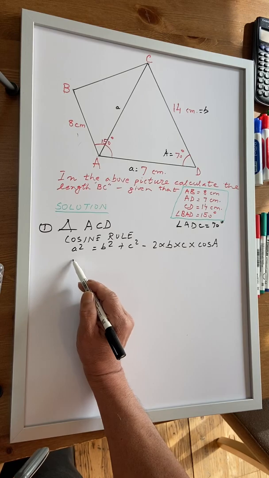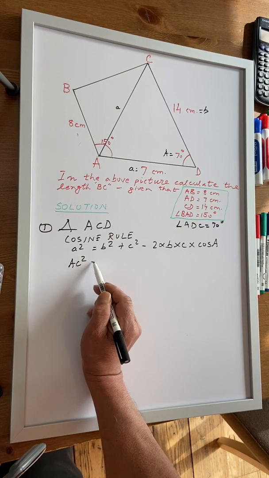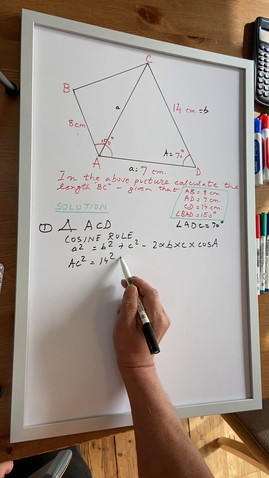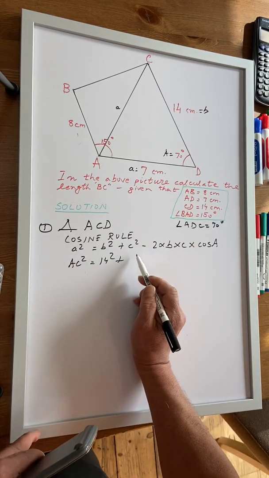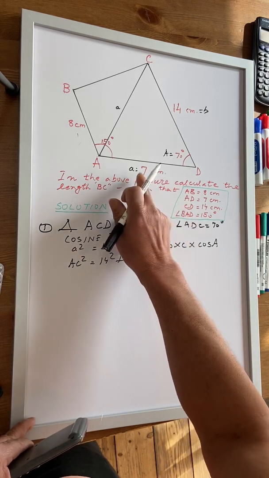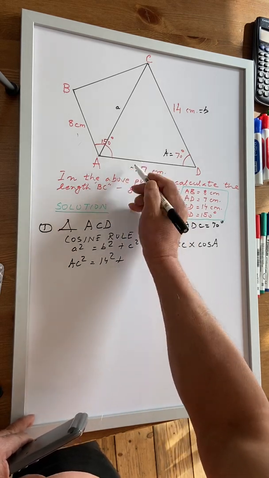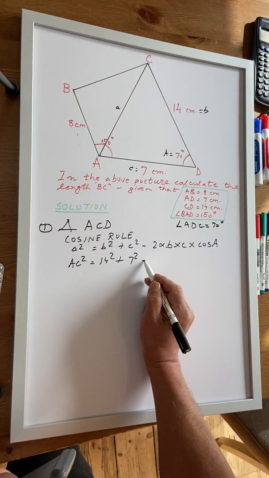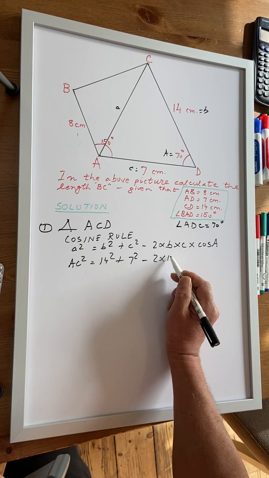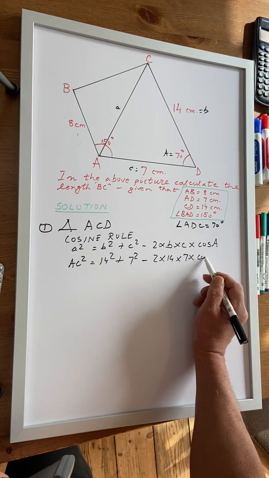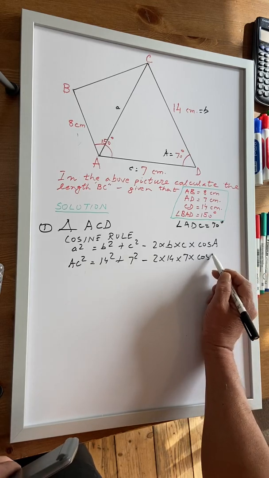So it becomes AC square is equal to b square, 14 square, plus c square, 7 square, take away 2 times 14 times 7 times cos 70 degree.